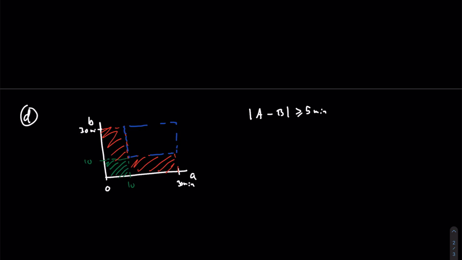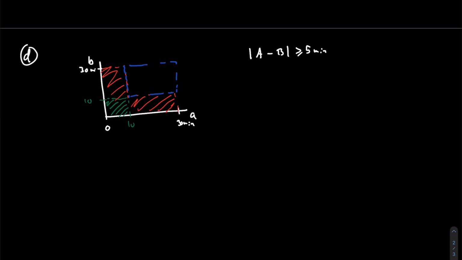And we want the probability of this event occurring. So the probability of this event, and recall that A and B are now, after conditioning on Carl's arrival, uniform 0 to 20 minutes, because that's what they have to work with, and they're independent.